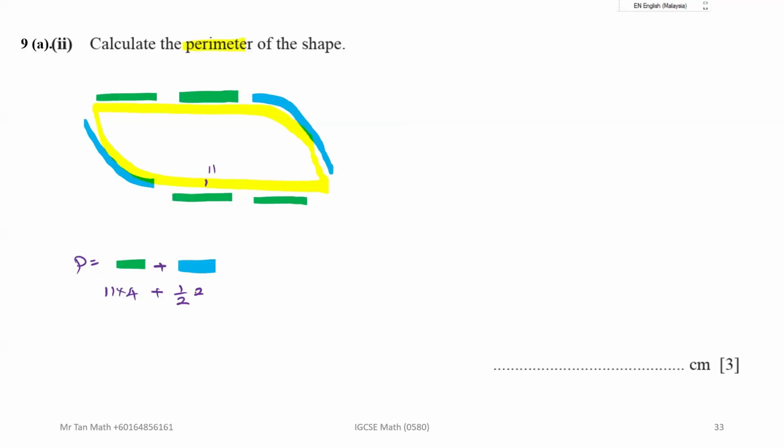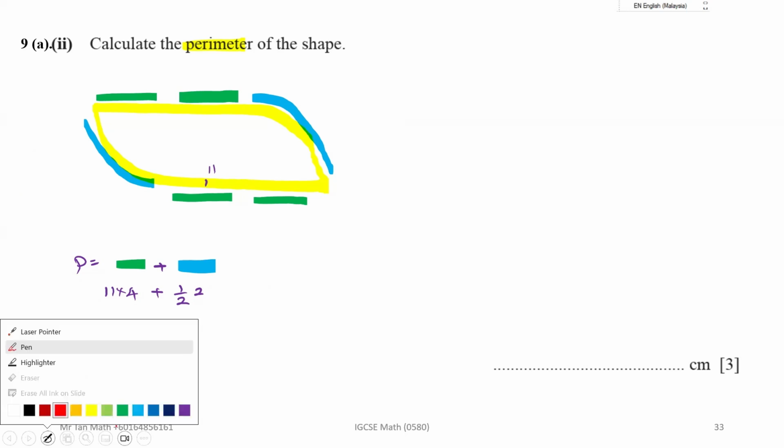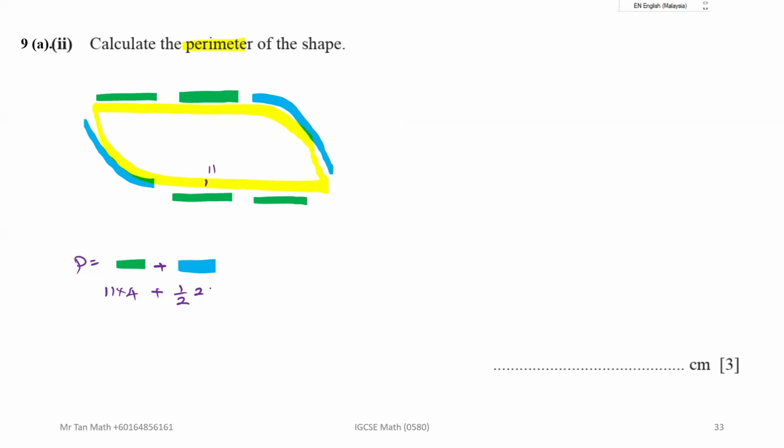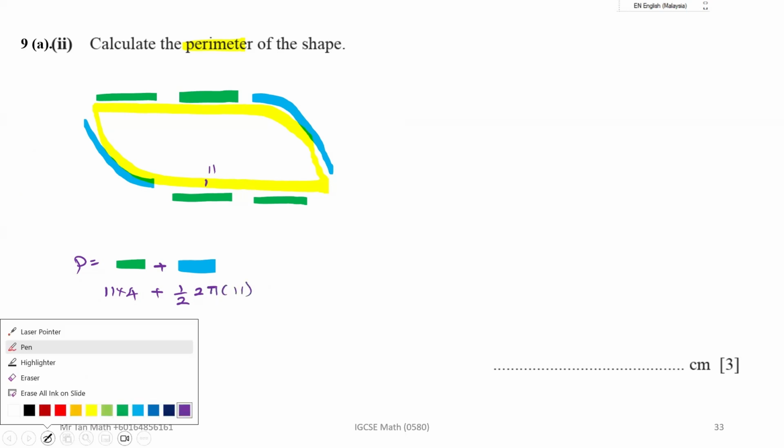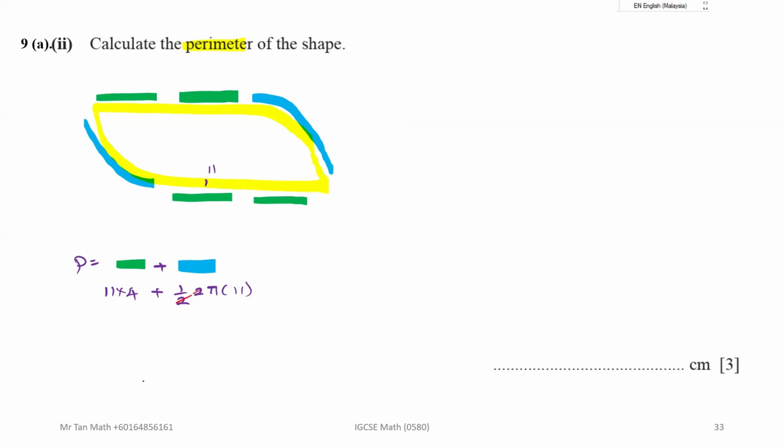Half times 2 pi R, and R is 11, so the 2 and 2 you can just cancel. So you calculate, you should get 44 plus 34.56, which is 78.56. Okay, 78.6 to three significant figures.